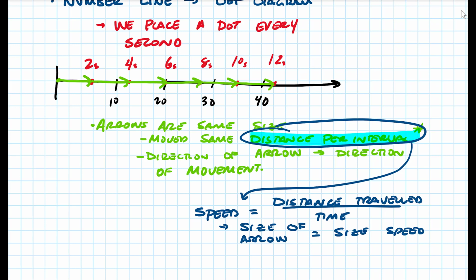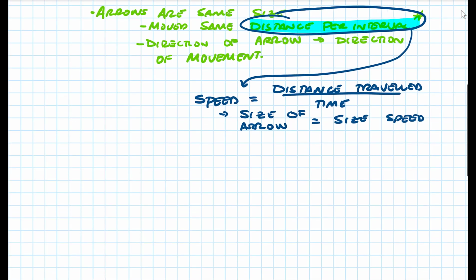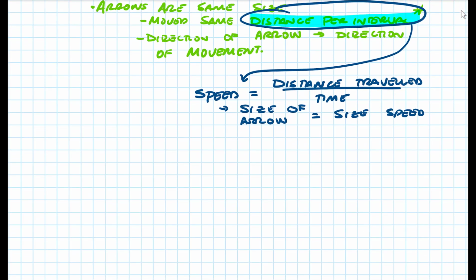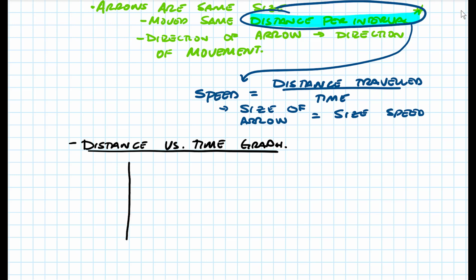Now, we took these dot diagrams and we stretched them out to create a distance versus time graph, or position versus time graph. So for this graph, we put our position up here and our time over there. And if we had our little positions, imagine if we drew our dot diagram right here and we stretched them out, right?